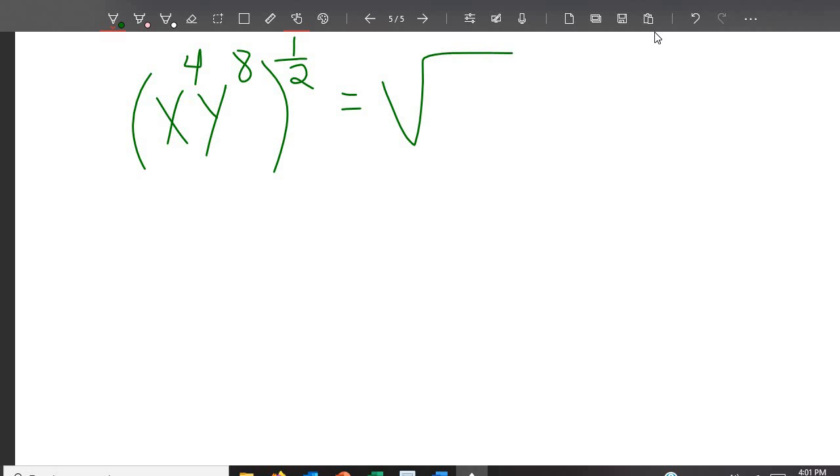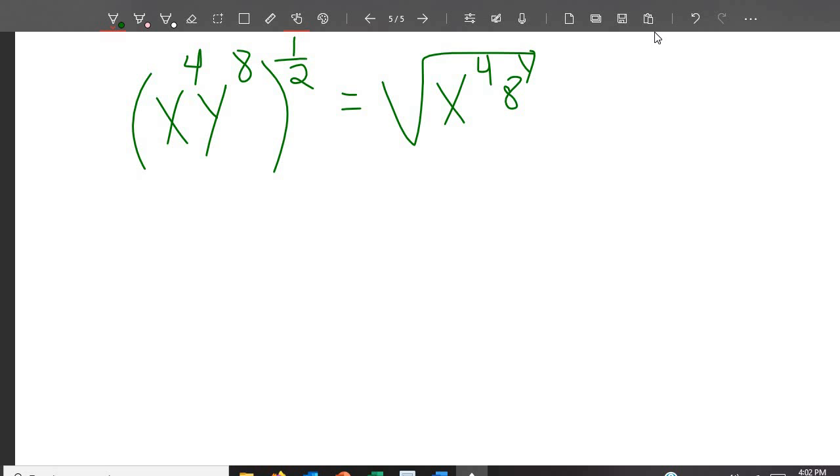Alright, now I want to show you how to simplify things. Let's say inside a set of parentheses I had an x to the 4th, a y to the 8th, and that's to the 1/2 power. And your instruction says to simplify. Simplify means turn it back into a square root and then simplify like we've done in the past.